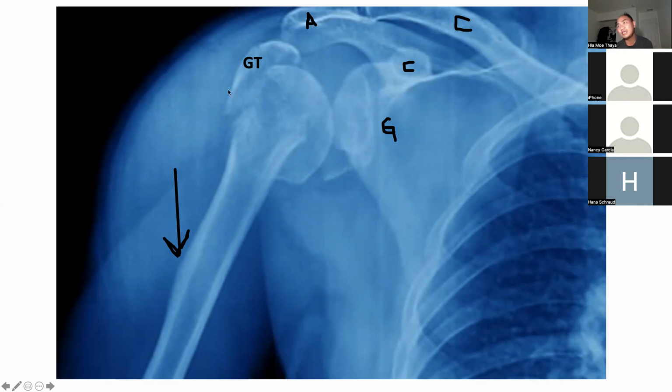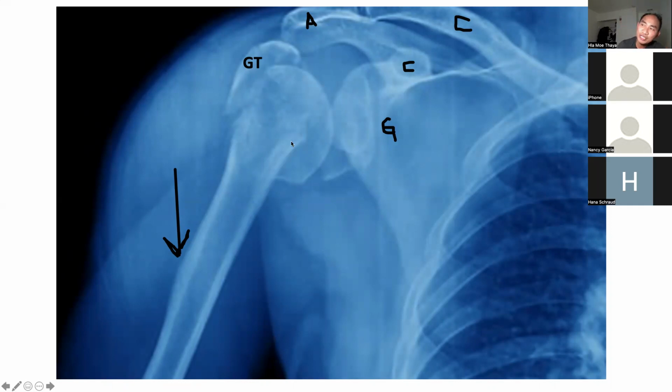Now, the greater tuberosity is broken and the head of the humerus is broken. The rotator cuff muscles, supraspinatus, infraspinatus, and teres minor, attach to the greater tuberosity, and therefore once it is detached from the main bone, it is pulled upwards.